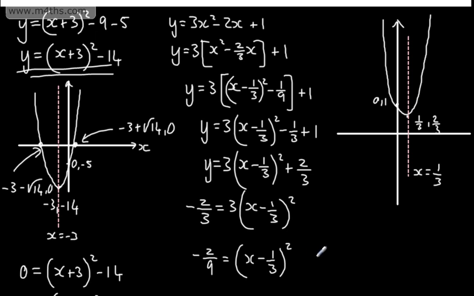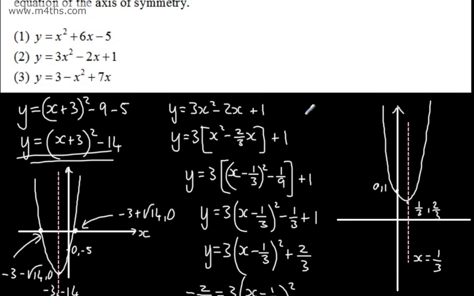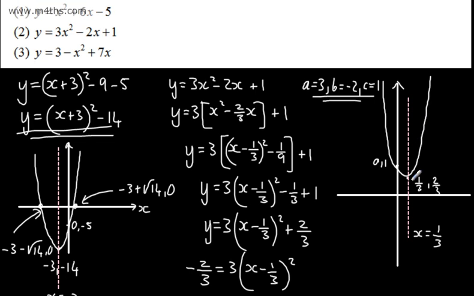So this would have no real solutions. And if we put this into the quadratic formula with a equal to 3, b equal to negative 2, and c equal to positive 1, we would see it didn't. So that gives us some idea. That's roughly what we would have with our sketch.